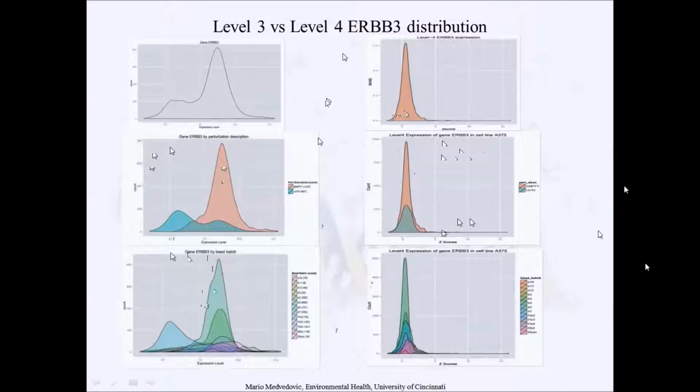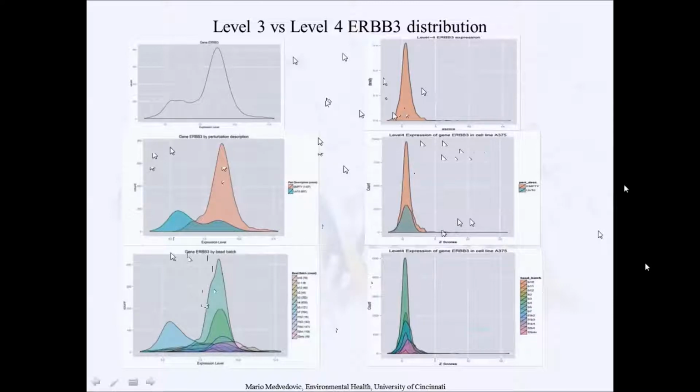If you were to use this data, they will tell you that you should probably start with level 4 data because this is the final massaged, normalized product that should perform well in the setting that they think most people will be using these signatures. And again, that's not necessarily the case that all of you want to use it in the same way. But this is the final product for this data.